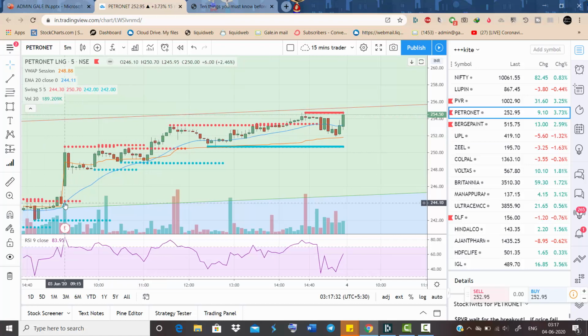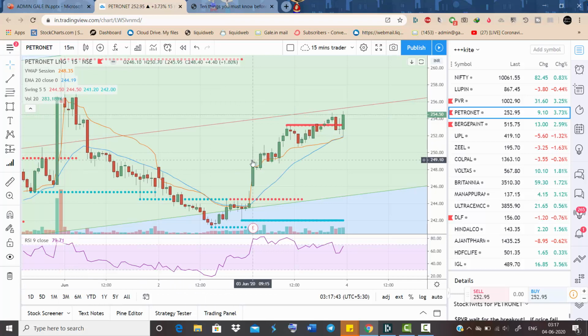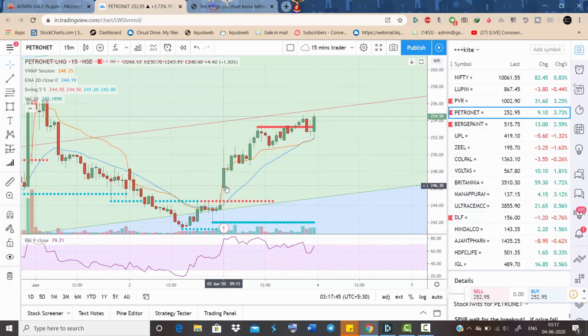So you can see another A, B, C reversal. As the day progresses, you can switch to the 15-minute chart. So you can see this 15-minute chart. A, B, C reversal. This candle is a good entry point with good volumes. Entry point, stop loss revised to 250.5.